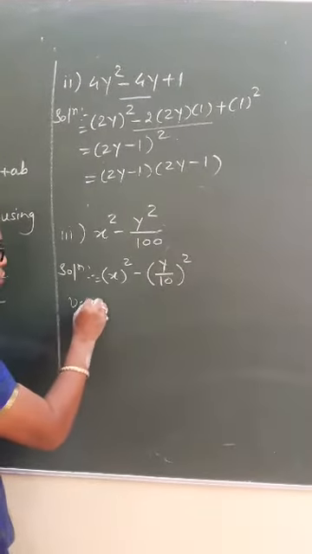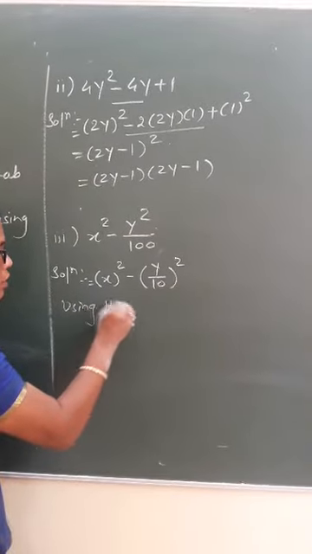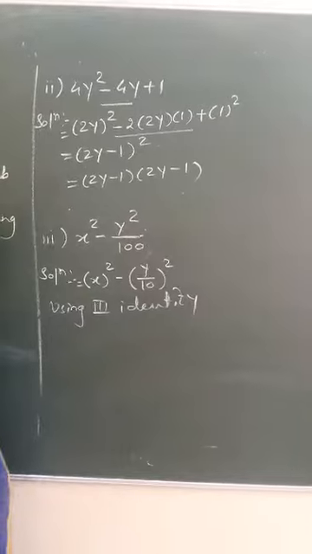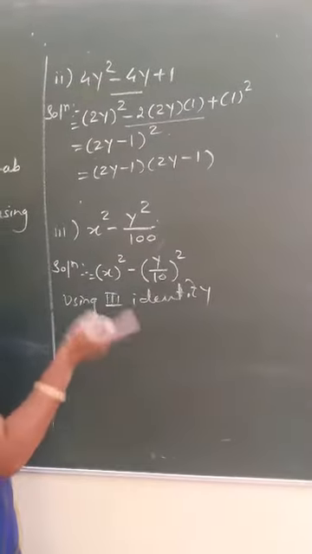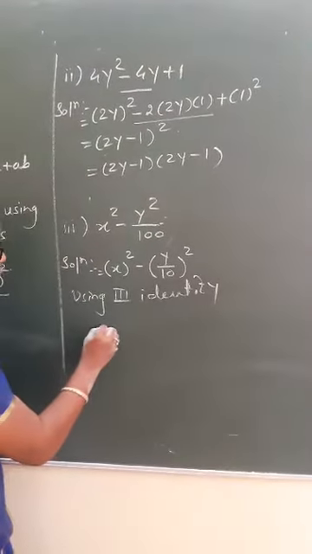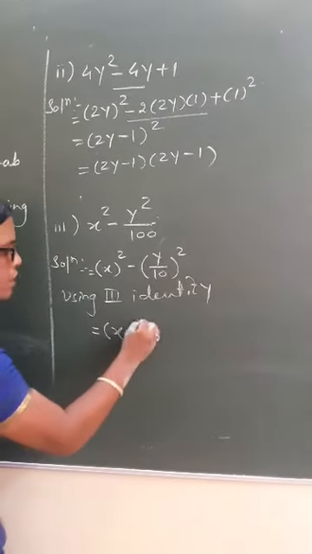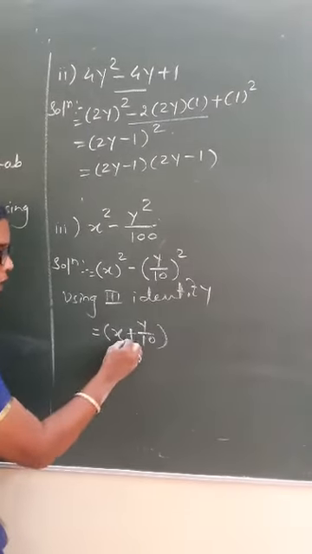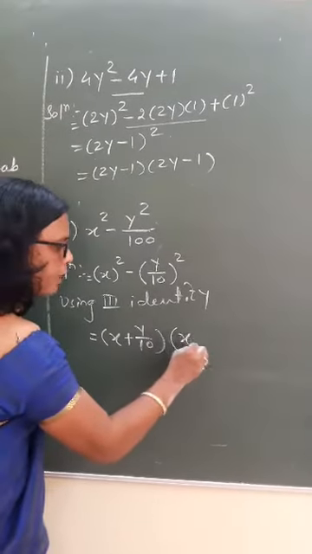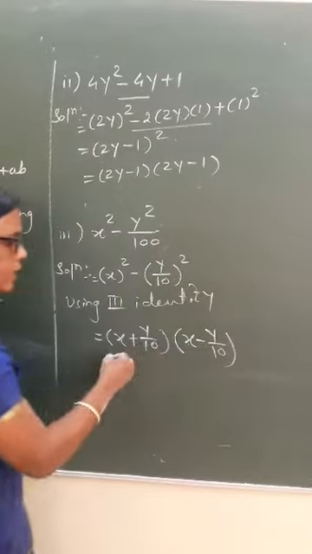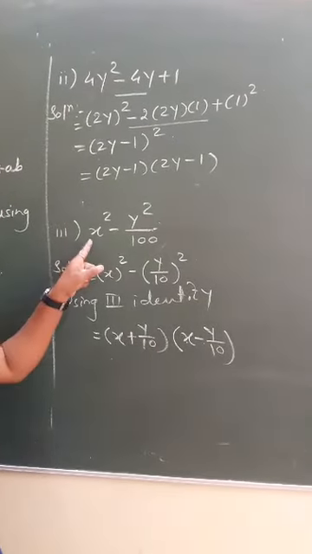Here I can use the third identity. The third identity is x plus y into x minus y is nothing but x square minus y square. Now I will get here the first term x plus the second term y by 10 in the first bracket in addition form, and in the second bracket in subtraction form, means x minus y by 10, and these are the two factors of this problem.